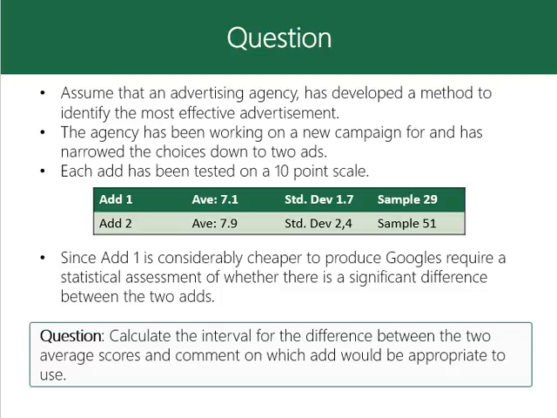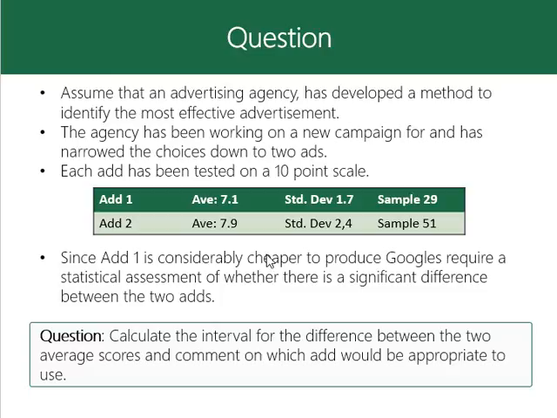So let's just start. Let's assume we have an ad agency that has developed a method to identify the most effective ad. This agency has been working a long time for Google and has narrowed down the choice to 2 ads. Each ad has been tested on a 10-point scale, and the results are what you can see in the box here.